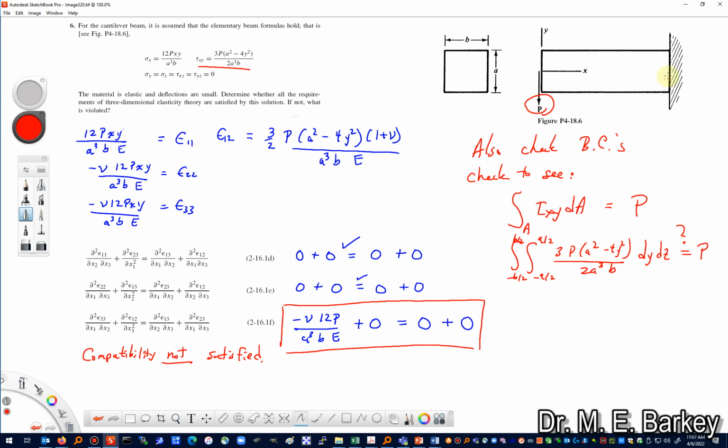And then over here at the wall, okay, the reaction is going to be, let me draw a free body diagram. The force, but there's also going to be a bending moment. Now, if we were to look at the stress distribution, it looks like the top would be in tension, and the bottom would be in compression, something like that.